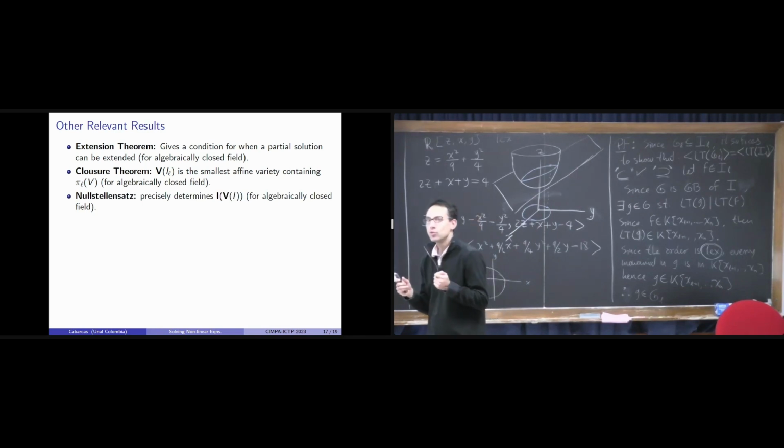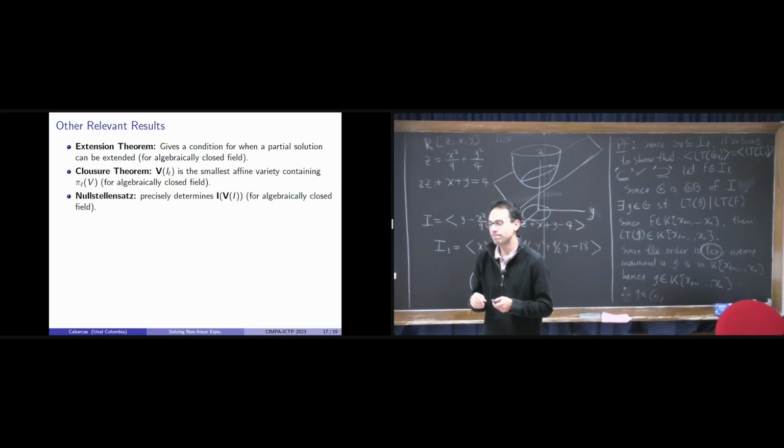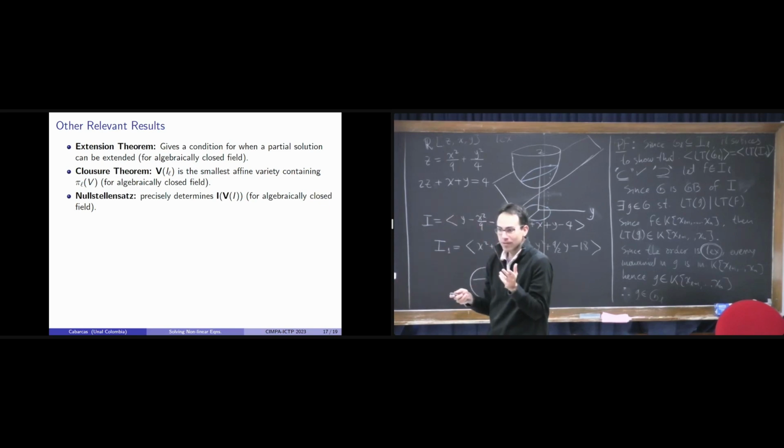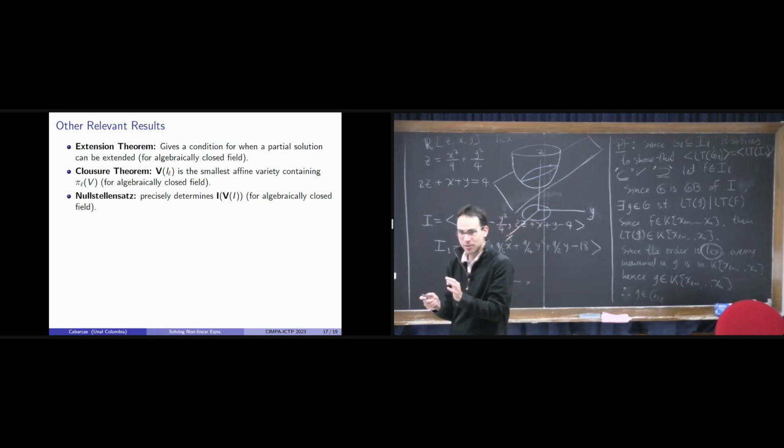Finally, the Nullstellensatz tells us precisely what the ideal of the variety of the ideal is. One would hope that if you take an ideal I, you find all solutions, so the variety V of I, and then you find I of that, the ideal formed by all polynomials that vanish on those points, you would get exactly the same ideal you started with.